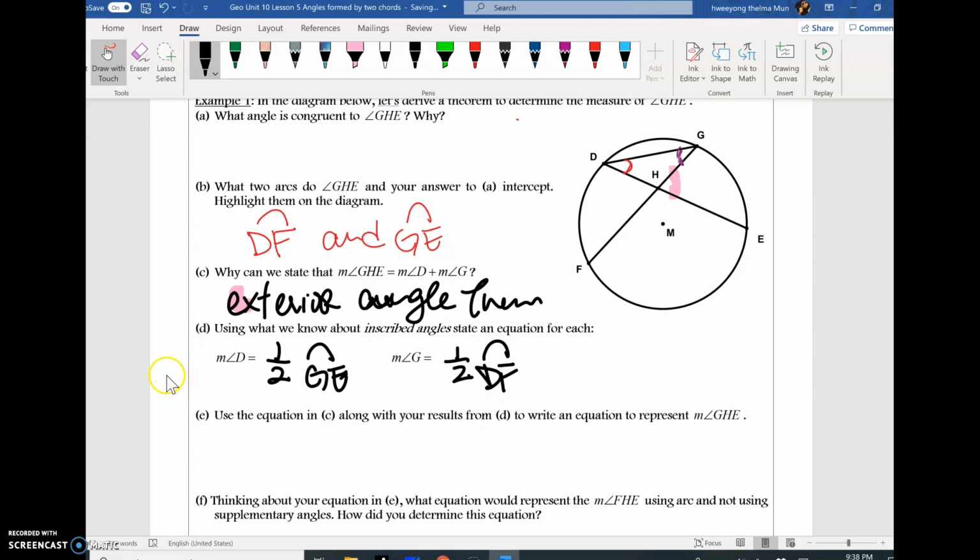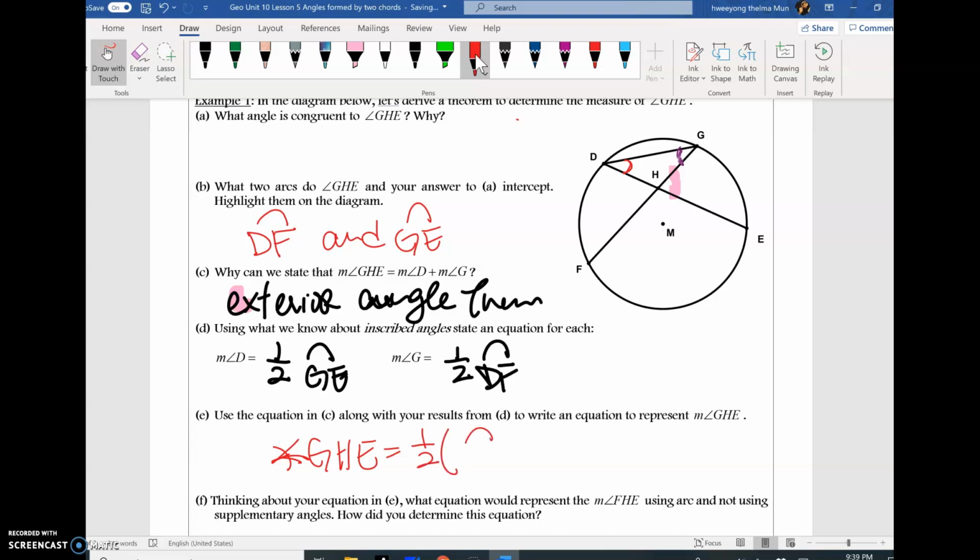All right, great. So we found the intercepted arcs. So use the equation along with your result from part B to write an equation for angle GHE. All right, so let's take a look at GHE. We're just going to plug these formulas back into part B. So angle GHE is going to be, and they both have 1/2, so let's factor out that 1/2.